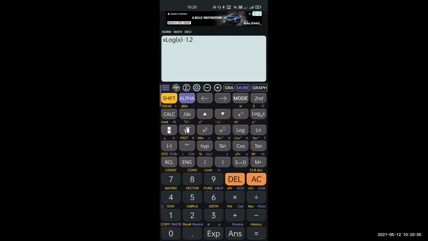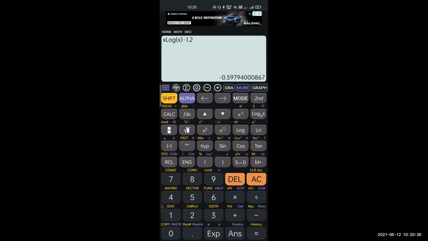Now here is the CALC button. When you click on CALC, it will ask you the value of x. The interval you are given is 2, 3. First I'm entering the value 2, then clicking the equals button. This is the function value at 2. It is negative, minus 0.5979.